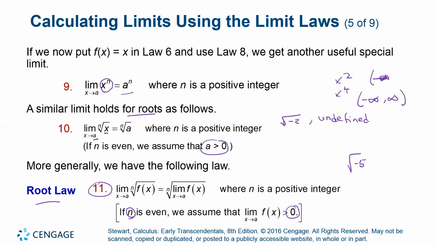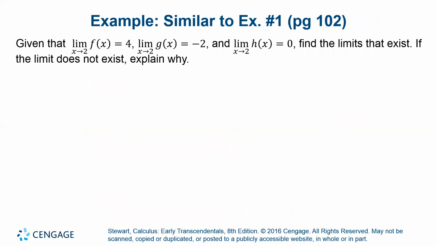Okay, so we're going to consider other examples now. Specifically, these laws we're going to put all together, and I'm going to solve about 3 or 4 examples. In fact, I picked these from similar to exercise number 1 on page 102 of your textbook.